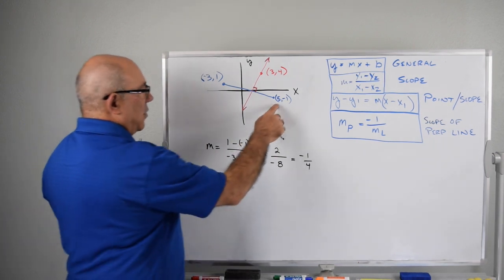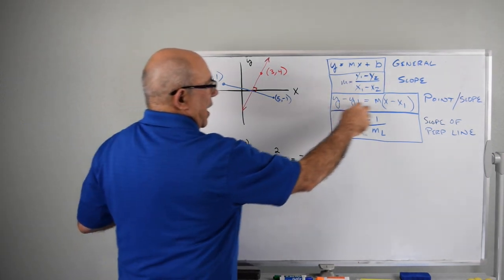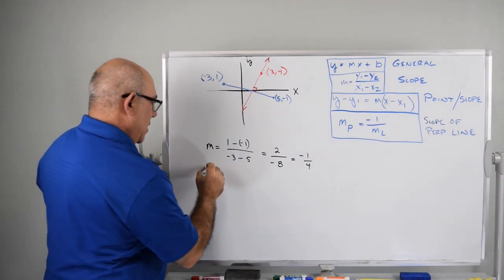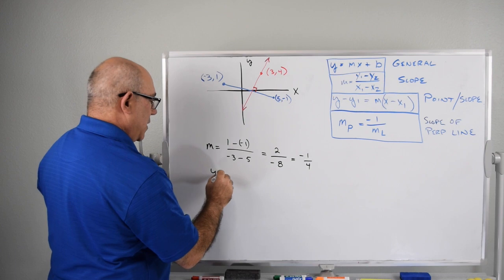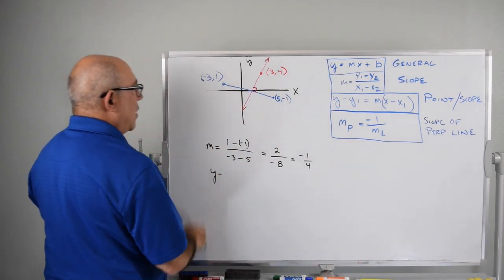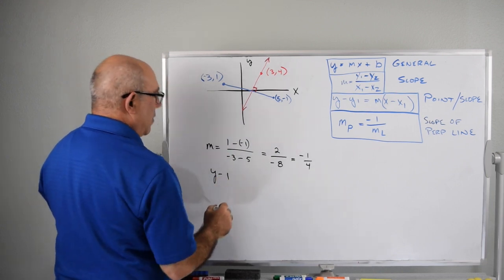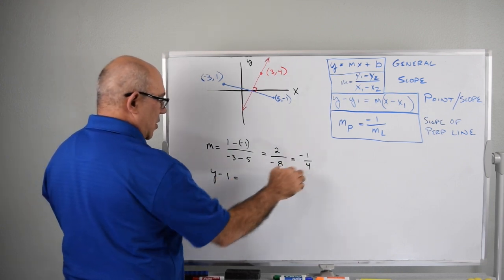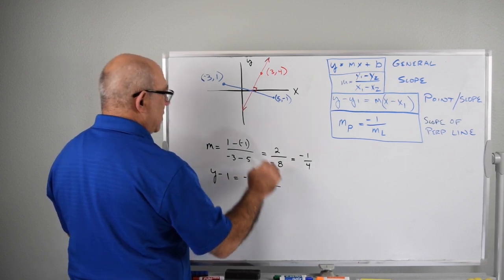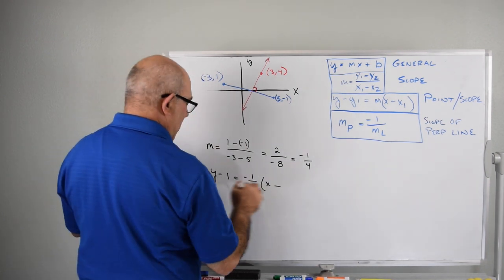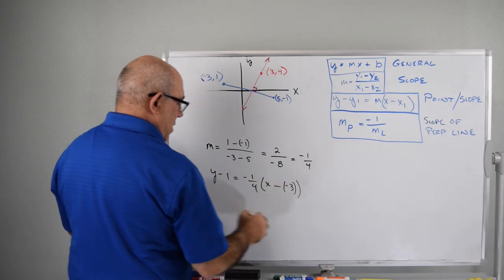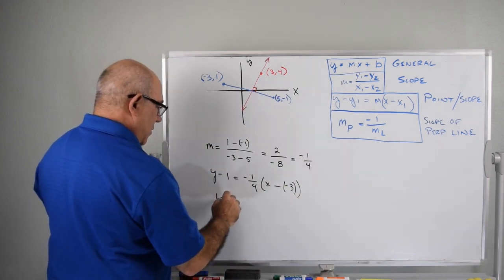Now what we need to do is take one of these points, pick your favorite, and calculate the formula for this line. So we know y minus y1 equals the slope times x minus x1. We'll pick this point here. y minus 1 equals the slope, which is minus 1/4, times x minus x1, and we'll pick the same point, x minus minus 3. So we have to run through and simplify this one.